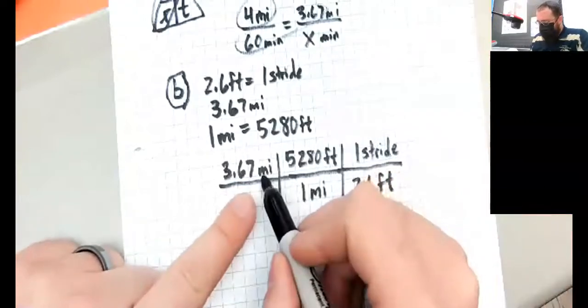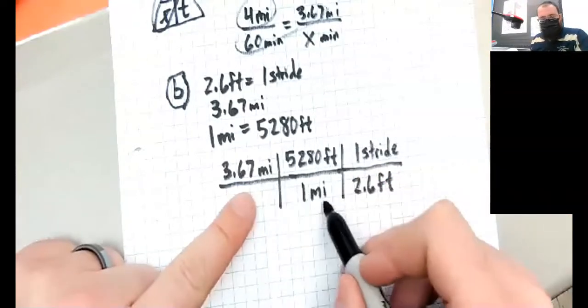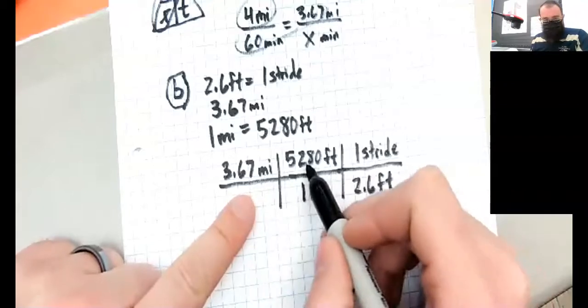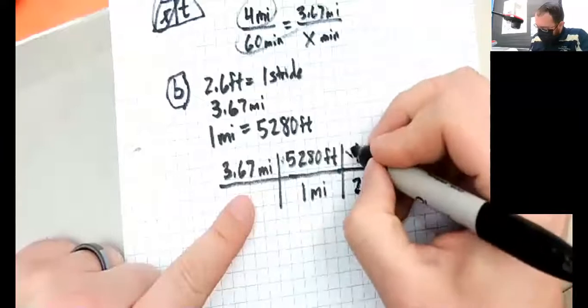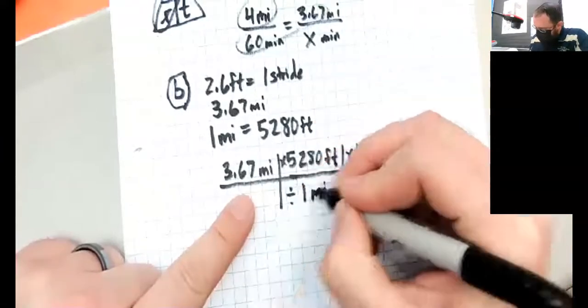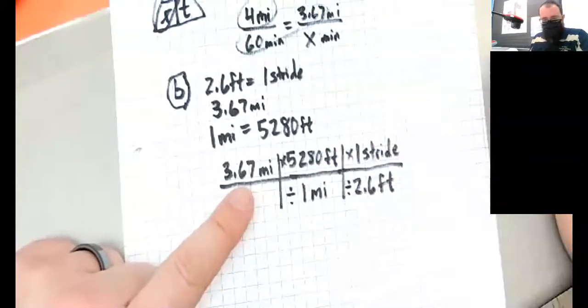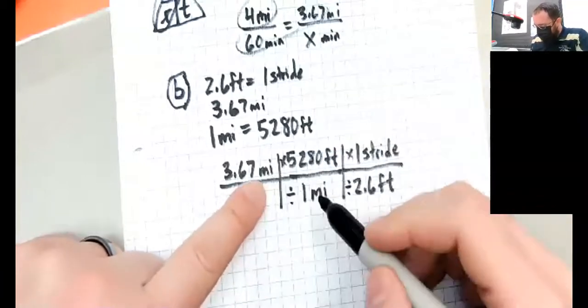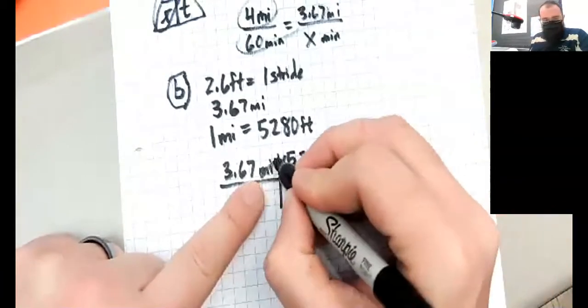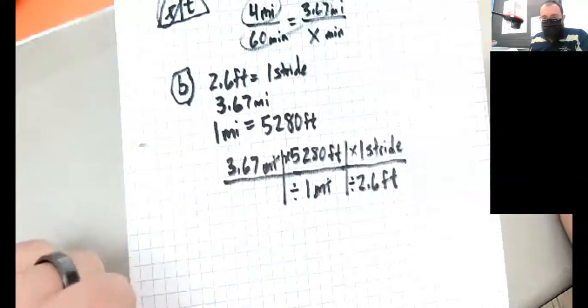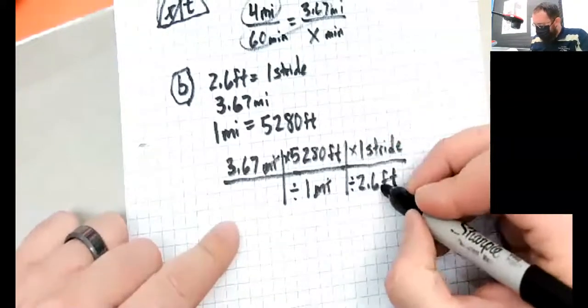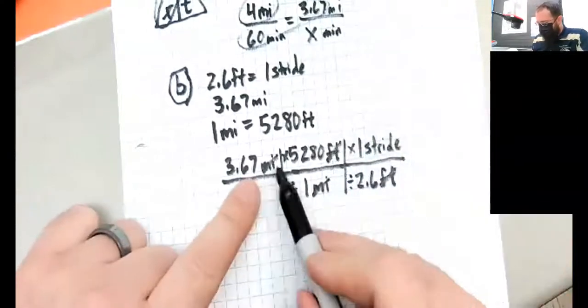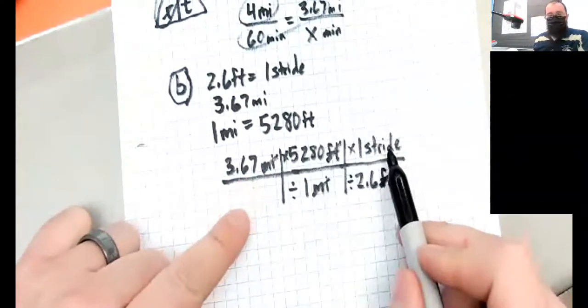So multiply, multiply, divide, divide. Miles divided by miles cancels out, because anything divided by itself is 1. Feet divided by feet cancels out. I go from miles to feet to strides, which is what I want at the end.